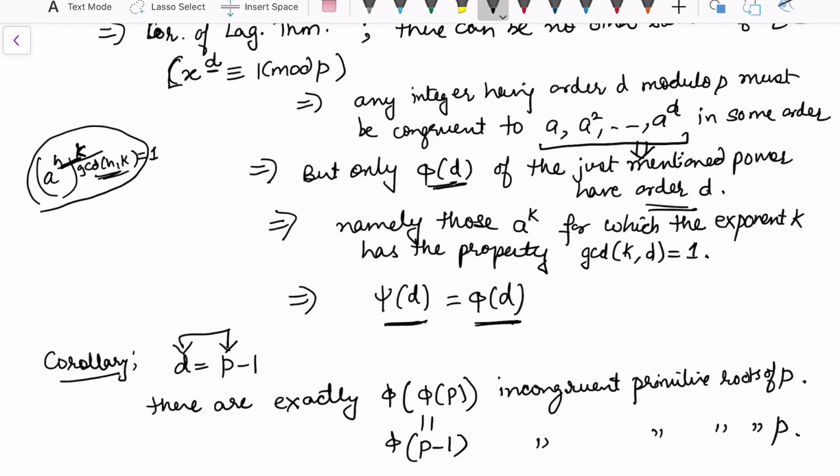So that talks about the existence of primitive roots in the primes.